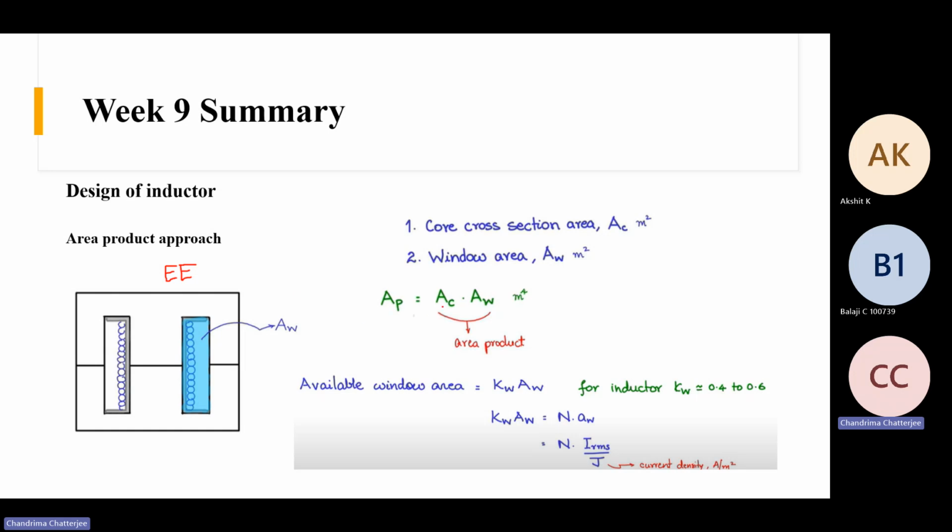Area product is basically the multiplication of the core cross section area and the window area, and it is meter to the power 4. This is called the area product. This is an important parameter for designing the inductor, as well as transformer. If you open any core data sheet, you will find this parameter, area product.